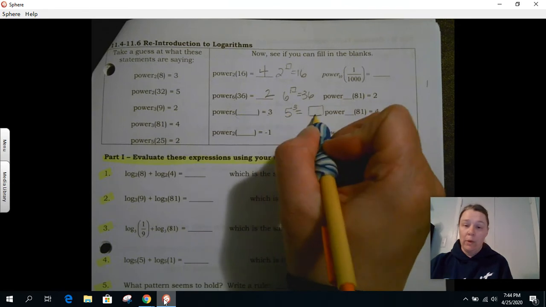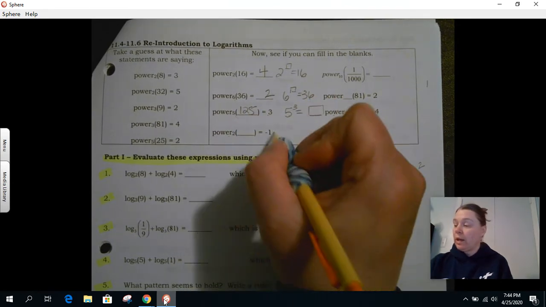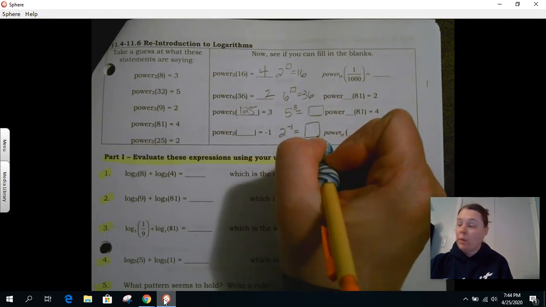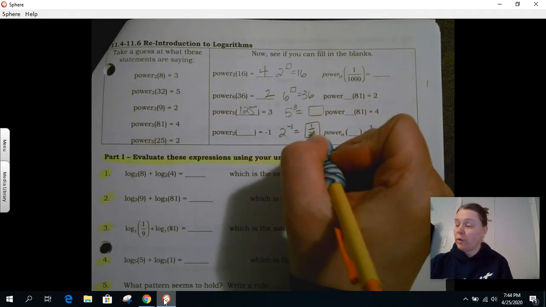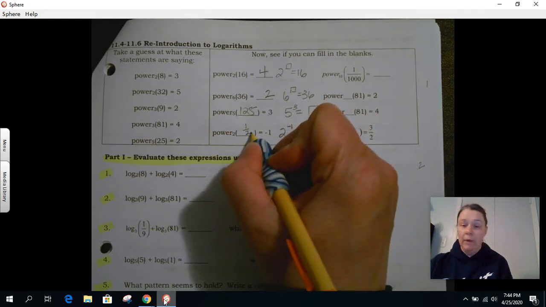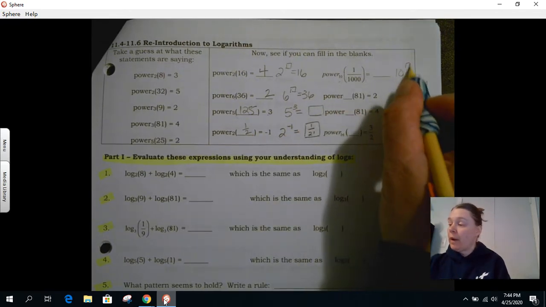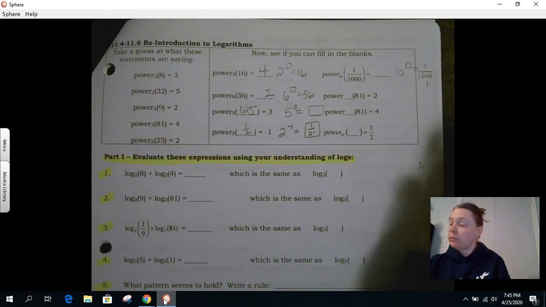Well, 5 to the third power is 125. Here we're thinking 2 to the negative first power is what? Remember, negative exponents mean take the reciprocal. So this means 1 over 2 to the first, or 1/2. Okay, this is 10 to what power is 1 over 1,000.